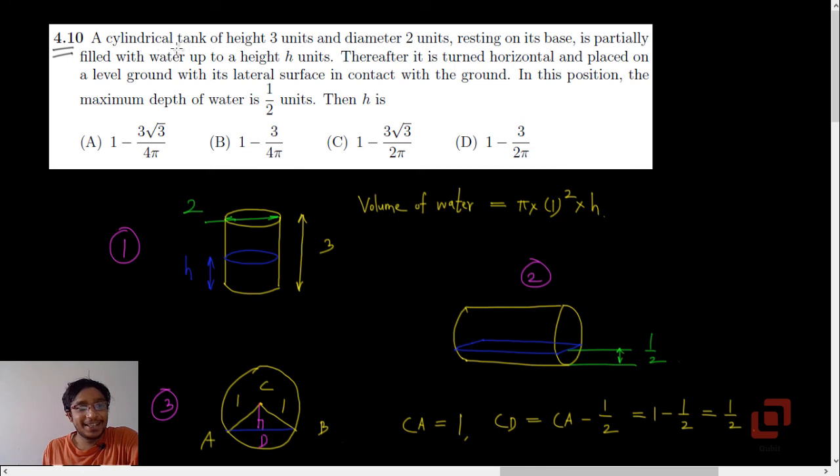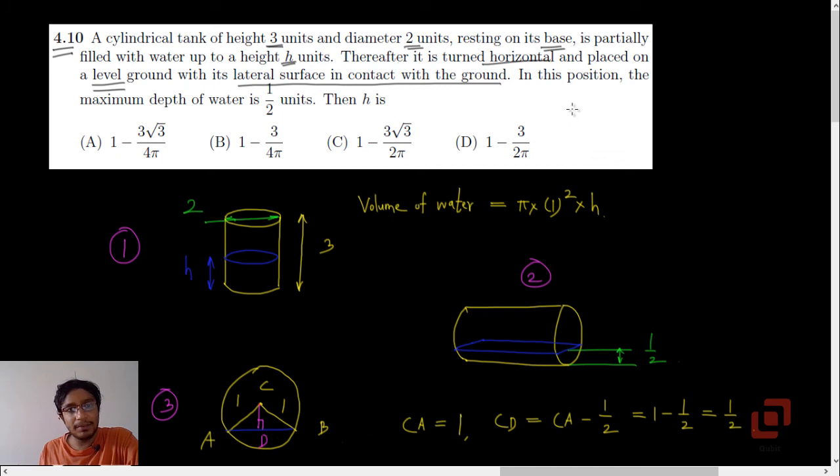Okay, a cylindrical tank of height 3 units and diameter 2 units resting on its base is partially filled up with water up to a height of h units. Thereafter it is turned horizontal and placed on a level ground with its lateral surface in contact with the ground.